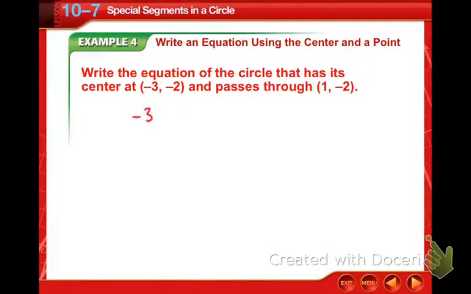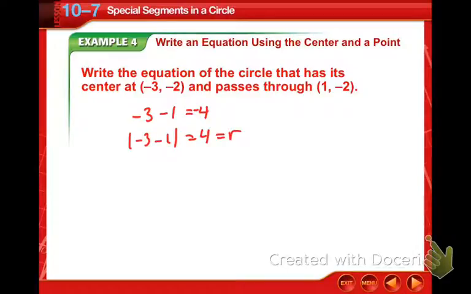Negative 3 minus 1 is 4, right? Or we can just do the absolute value of negative 3 minus 1. Still 4. So that's our radius.